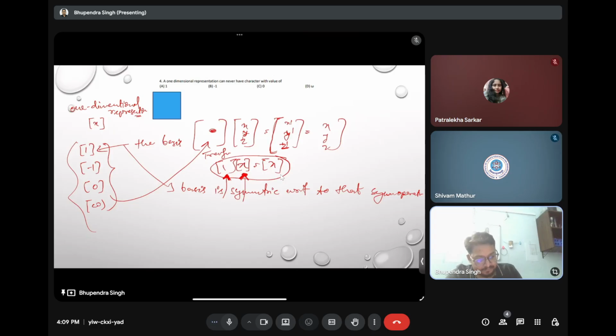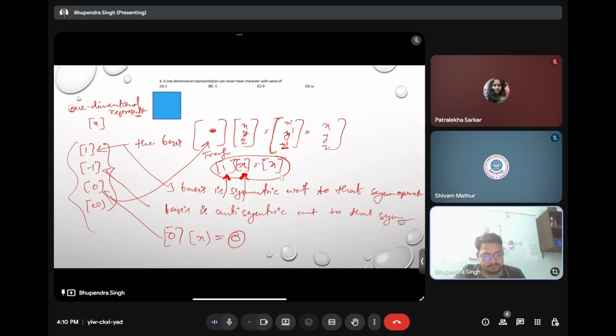And for minus 1, your basis will become negative. So the basis is antisymmetric with respect to that symmetry operation. And for 0, if this is your operation, your basis will become 0.